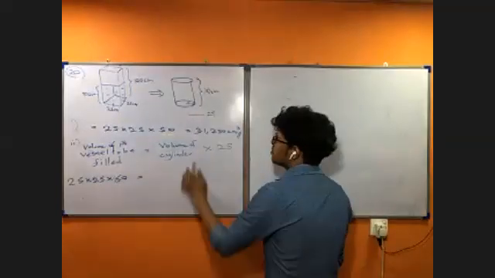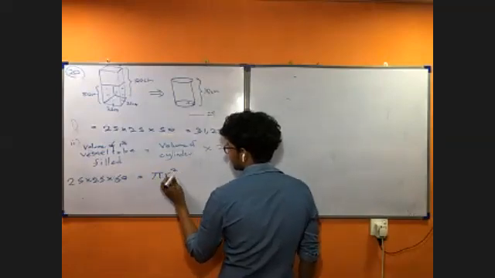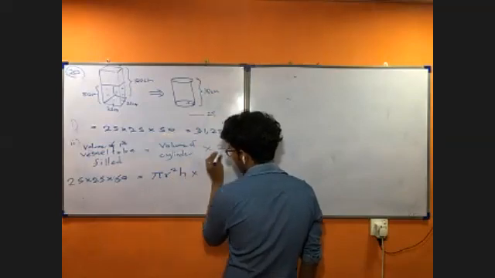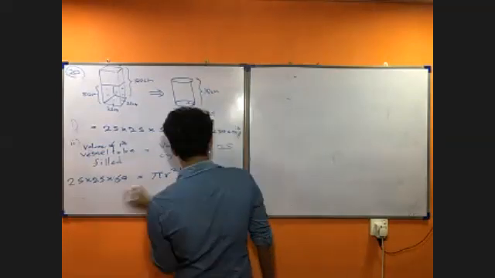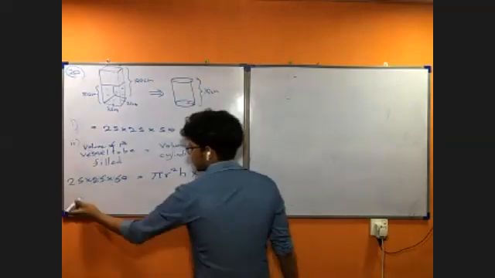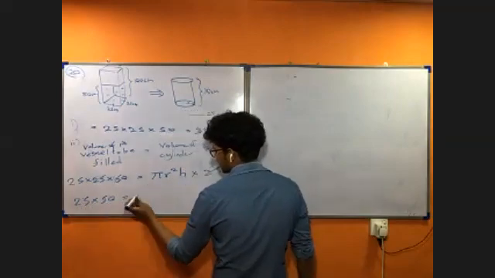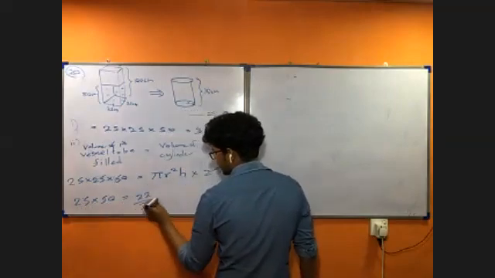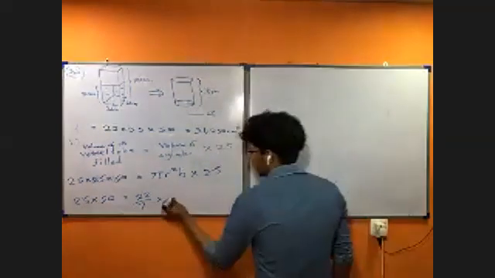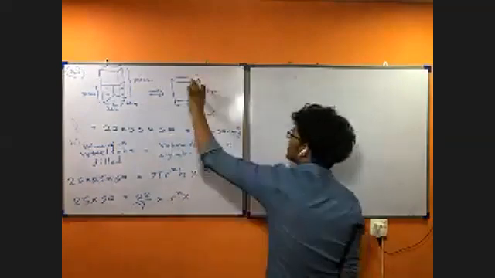Volume of cylinder is pi r squared h, multiplied by 25. The 25 and 25 cancel. So 25 times 50 is equal to pi, 22 divided by 7, into r squared, where r is the unknown radius, multiplied by h, the height of the cylinder, which is 10.